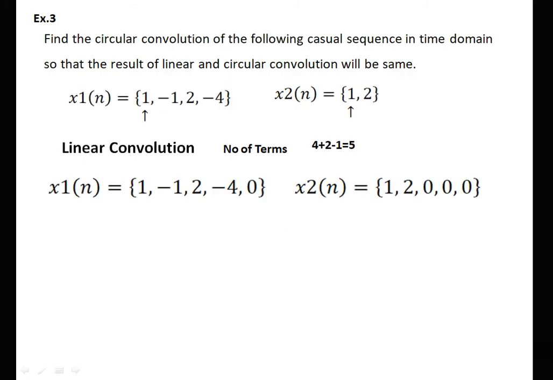Similarly, in the third problem, x1 of n is 1, minus 1, 2, minus 4, and x2 of n is 1, 2. The number of terms is 4 plus 2 minus 1, which is equal to 5. We need to make the signals such that the number of terms is 5. Therefore, we add one 0 here, and here 3 zeros are added to make the signal length equal to 5.